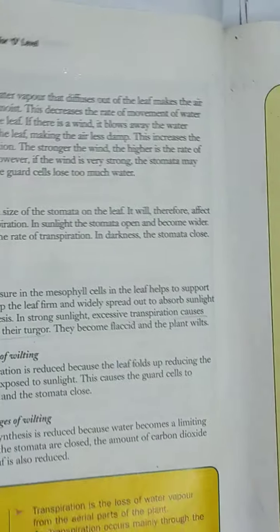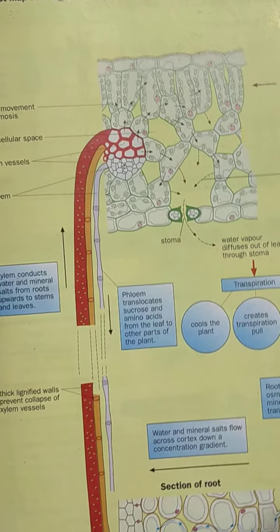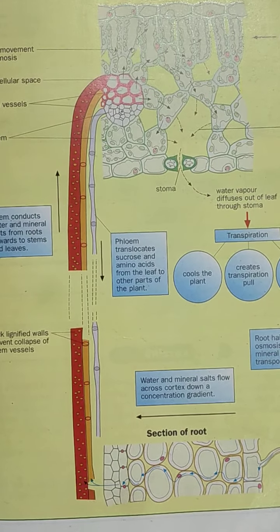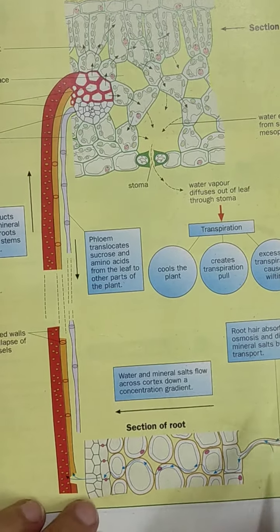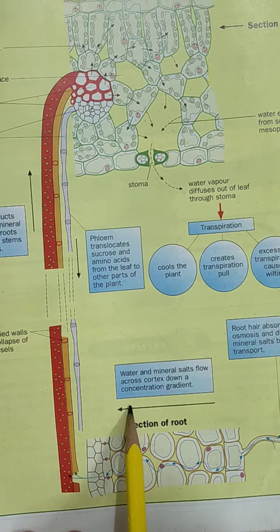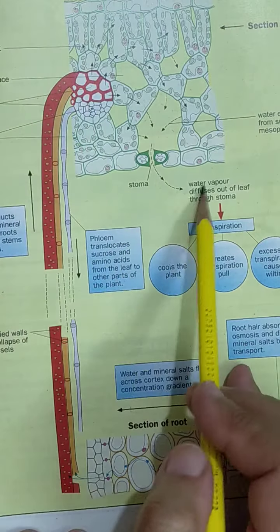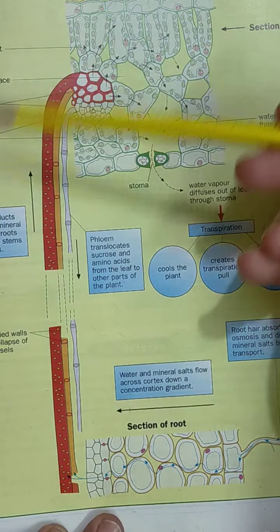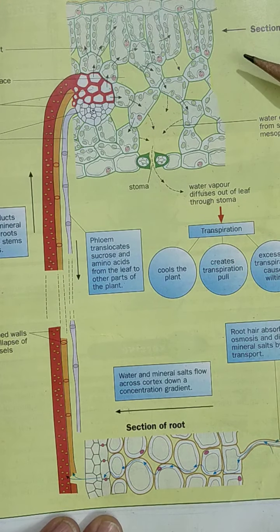In the previous video I explained transpiration. The first portion of this question is related to this diagram and the second portion is related to this one. If you draw this diagram, it explains the whole answer, and you also have to explain it.